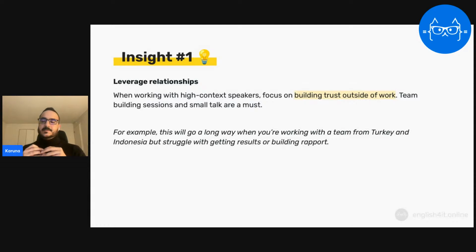And I'm sure you've all had this experience where you've asked someone, do you think this is possible, or do you think this feature can be done by next week? And they're from a culture where saying no is very difficult. So they'll say, oh yes, we'll try our best, or yes, we can do it, and then it turns out that wasn't the case.